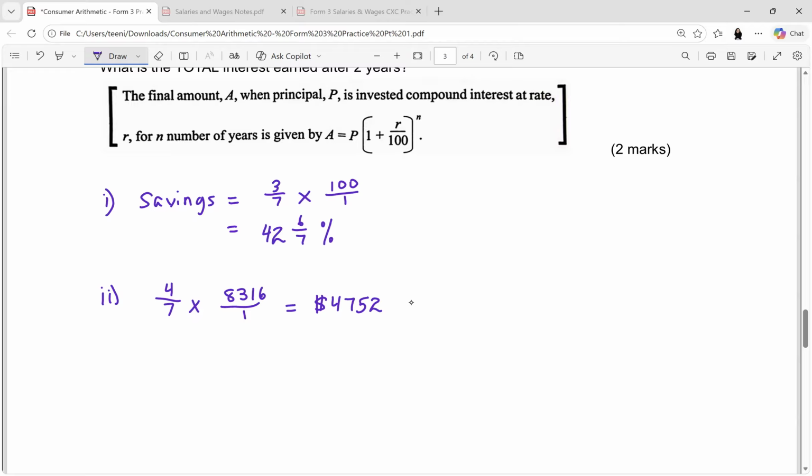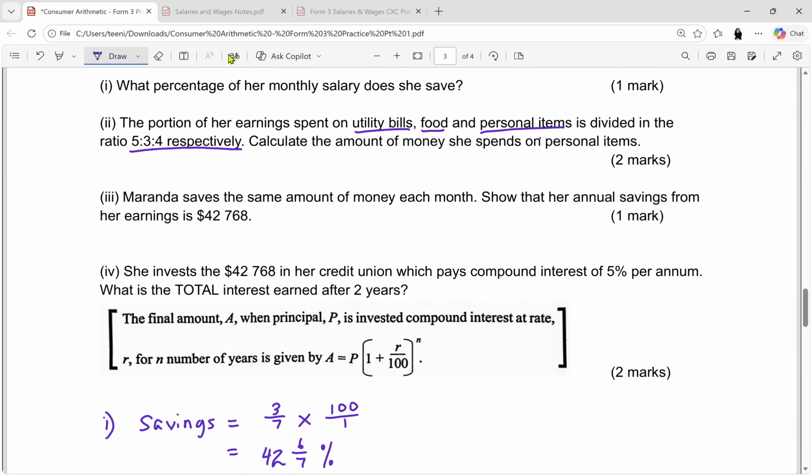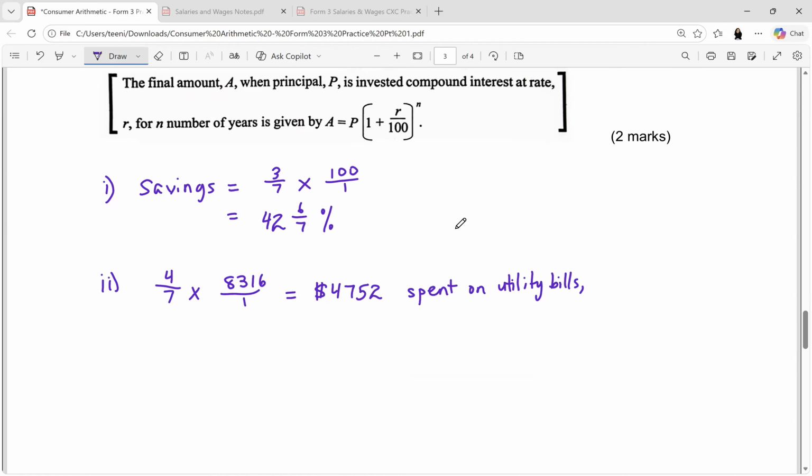So this is the amount of money spent on utility bills, food and personal items, in that order. I'm writing this in that order because the ratio is given in that order. All right.